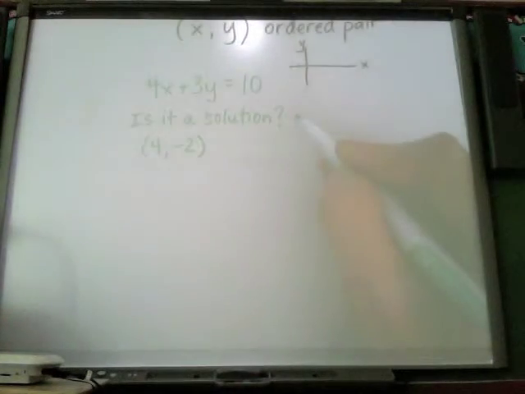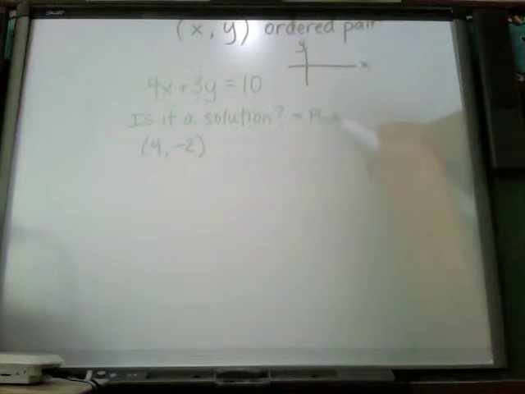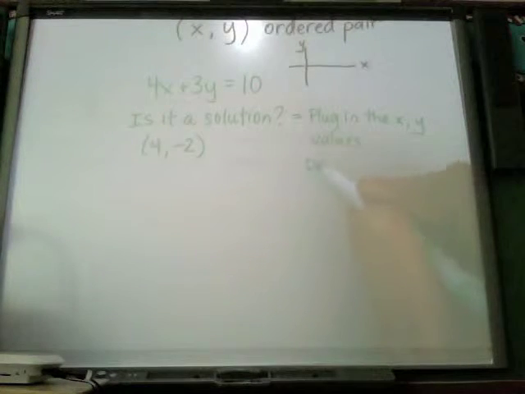What it means by it being a solution is you plug in the x and y values. Does it make a true statement?